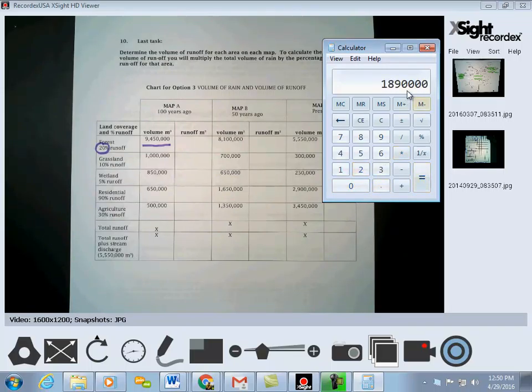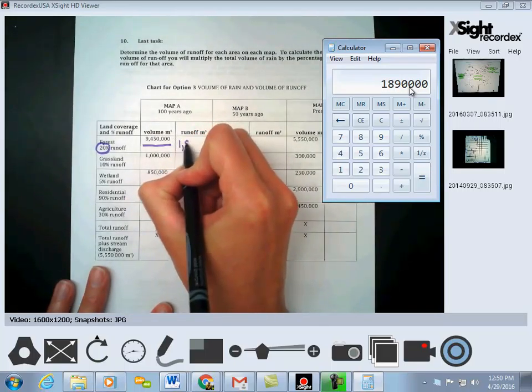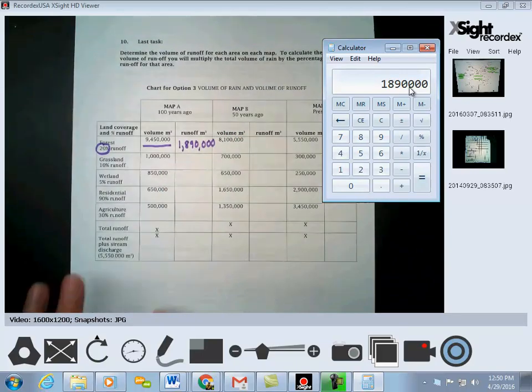So that means the total amount of water that actually is going to run off the forest from 9,450,000 meters cubed of water is 1,890,000. So I'm going to put that right here. And that's for map A.